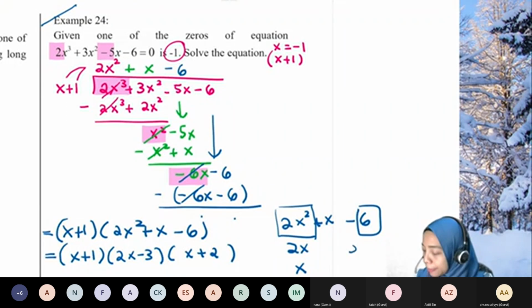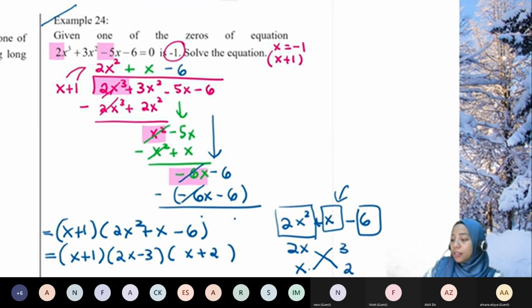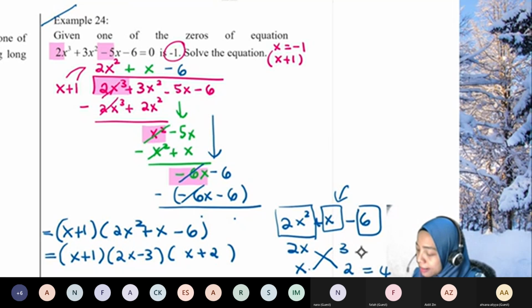Macam ni pun boleh. Okay, tapi kalau I darab macam ni, 2 darab 3 nanti nama pun darab silang, 2 darab 3 dapat 6. 2 darab x dapat 2. So perbezaan dia takkan memberikan I 1, sebab kita nak 1 dekat tengah dia. So jadi I kena tukar tempat dia. Ini 3, ini 2, supaya 2 darab 2 dapat 4, and then 3 darab x dapat 3.